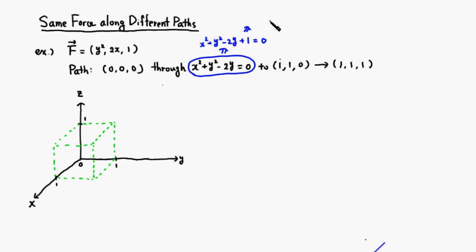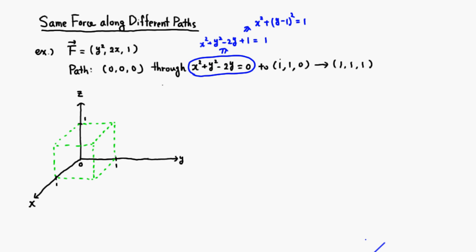Then we can write it as x squared plus (y minus 1) squared is equal to 1. That way we can see that the radius is 1 and the center is at 0 comma 1, and of course z equals 0.